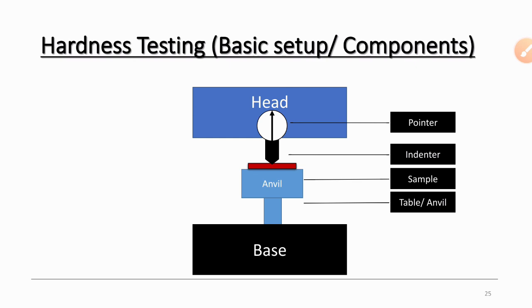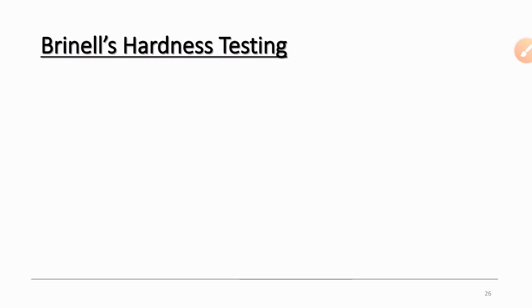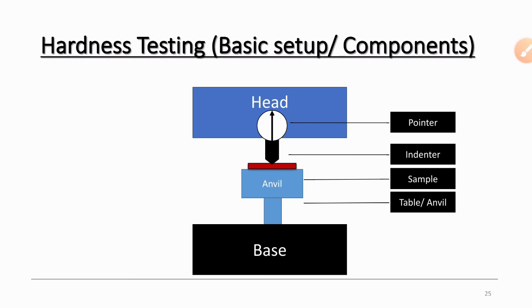So this is the basic principle of any hardness method or technique. After addition of the major and minor load, there is a deflection of the pointer. This pointer deflection will also give you a hardness reading. So this is the basic setup and components of any hardness testing method.